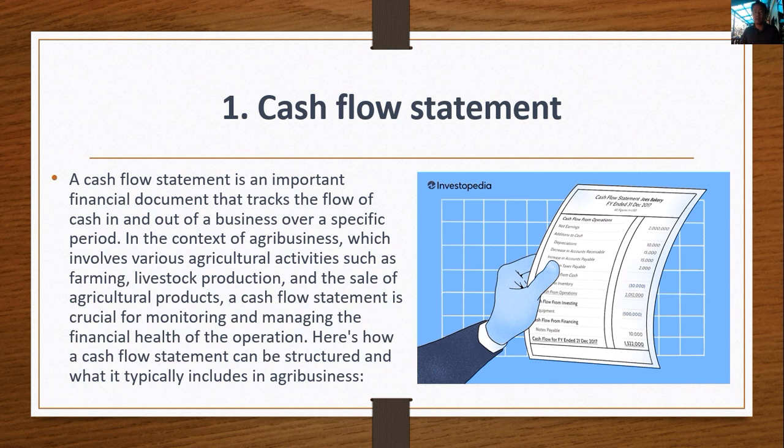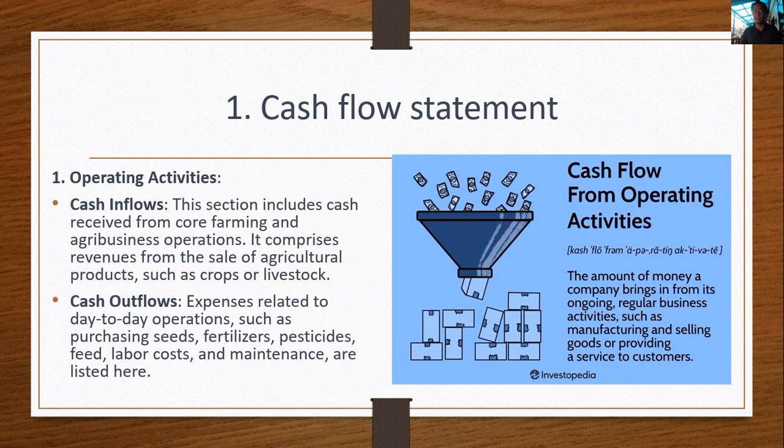In the context of agribusiness, which involves various agricultural activities such as farming, livestock production, and the sale of agricultural products, a cash flow statement is crucial for monitoring and managing the financial health of the operation. Here's how a cash flow statement can be structured and what it typically includes in agribusiness.